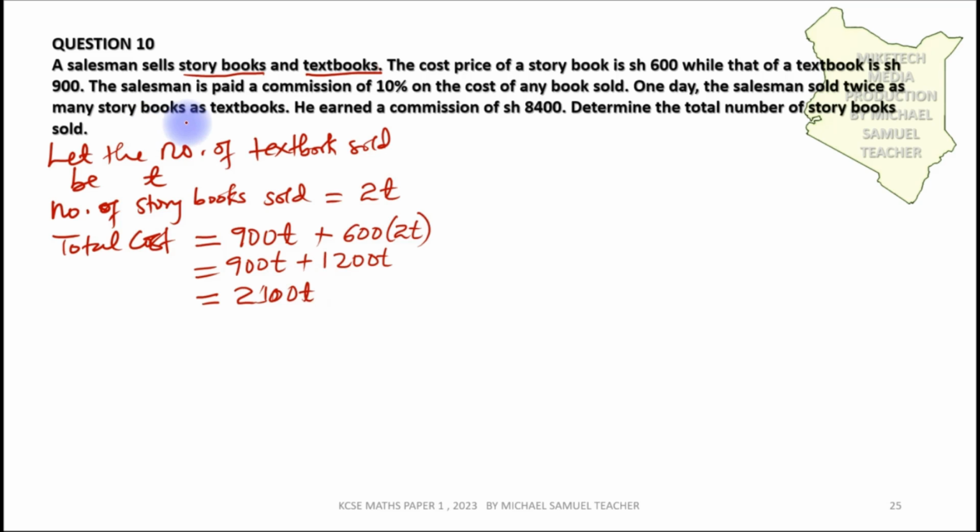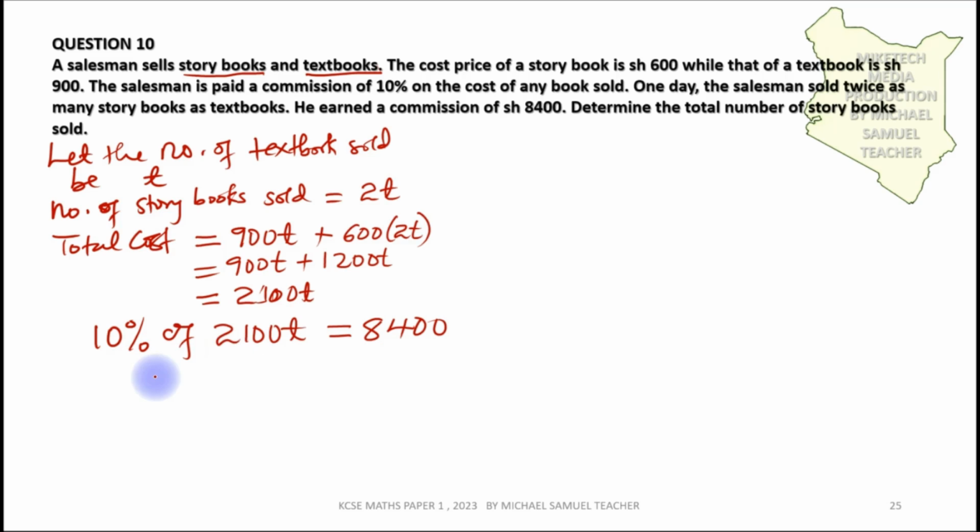Therefore, the salesman is paid a commission of 10% on the total cost of any book sold. So in this case, he'll get 10% of 2100T shillings. And that time he sold the books, he got a commission of 8,400. Therefore, that was the 10% of the total cost sold.